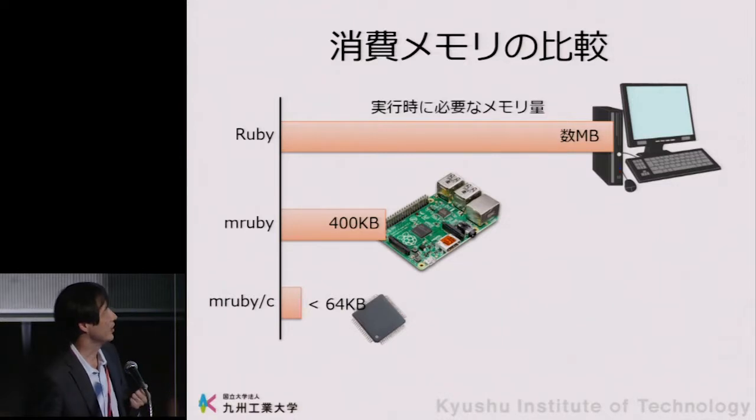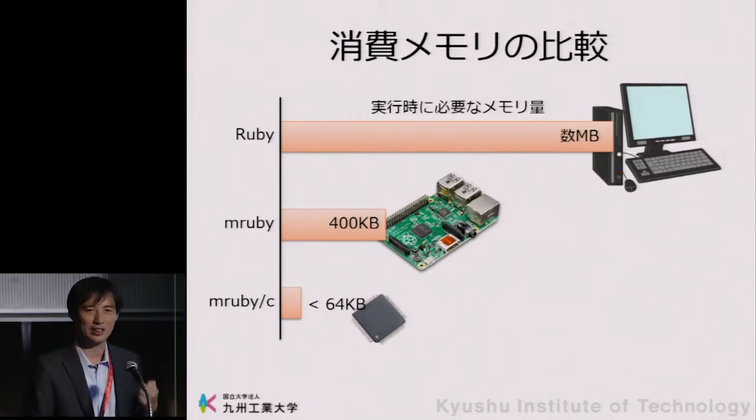However, the total size will be much smaller. Ruby will be operated on a PC or in a server application, and mruby will be operated on maybe a Raspberry Pi or larger equipment, maybe 400 KB.